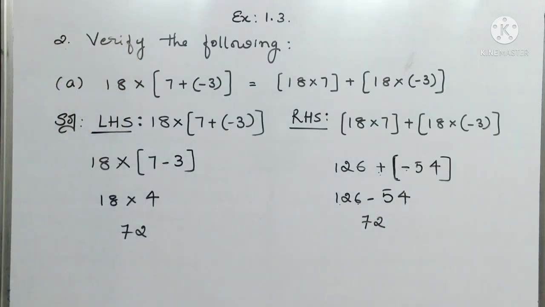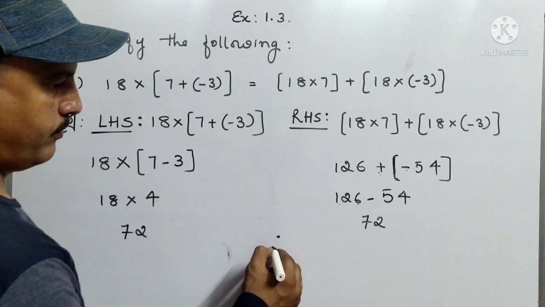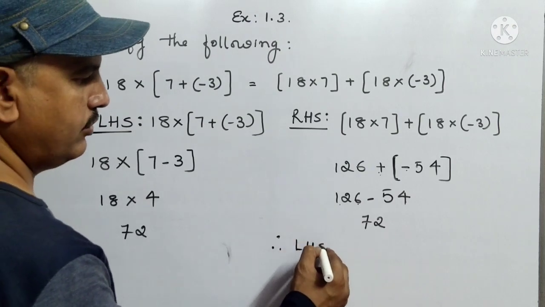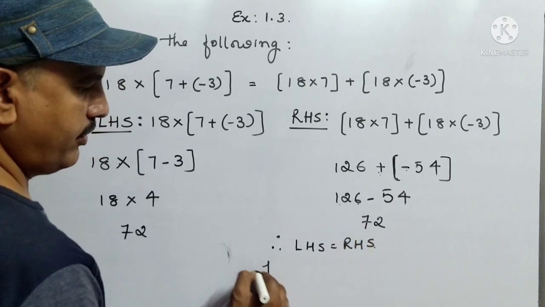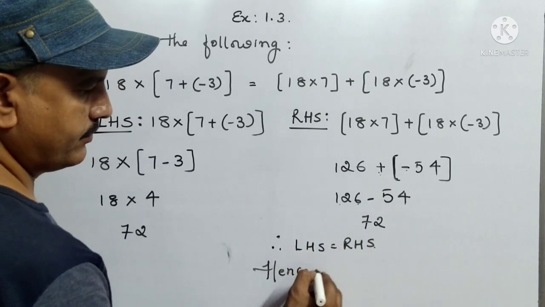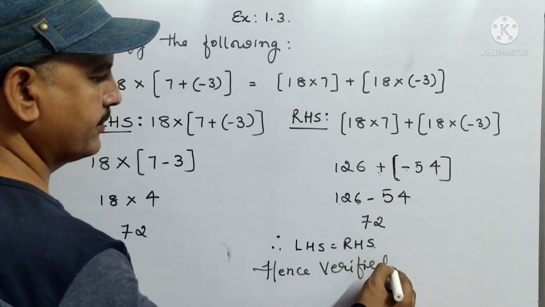So 72. LHS is 72, RHS is 72. So therefore, LHS equals RHS. Hence verified. Is it clear now? Hence verified.